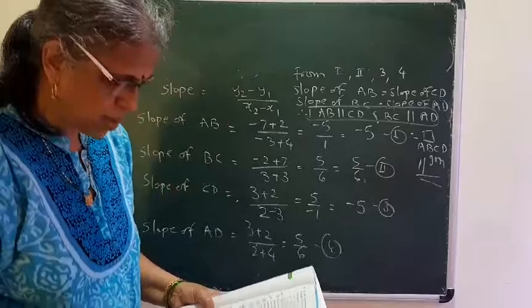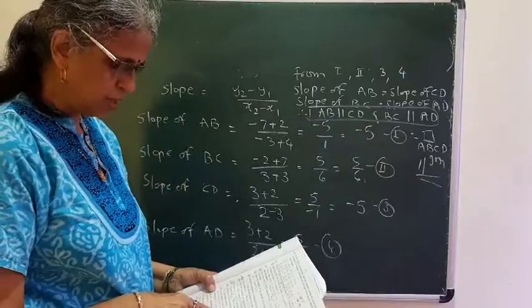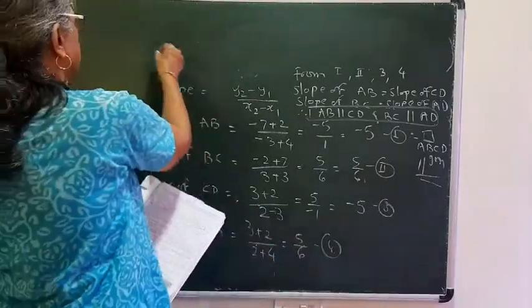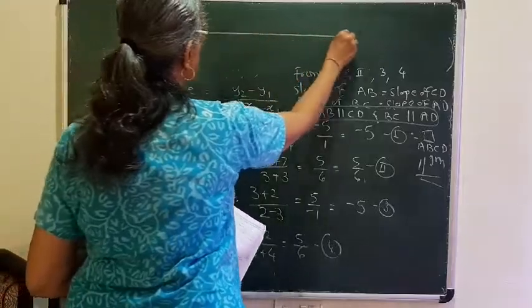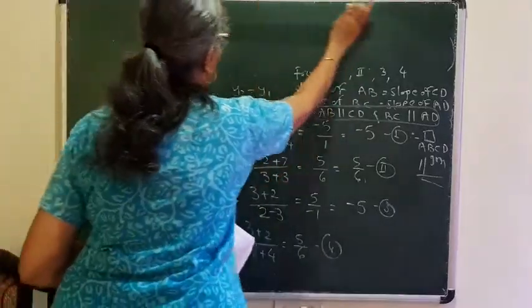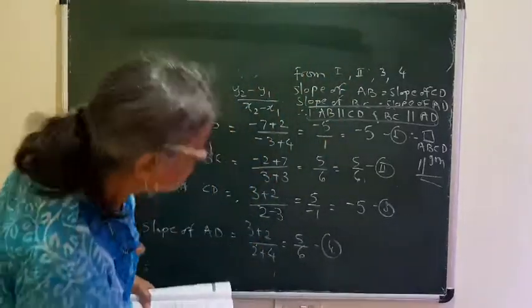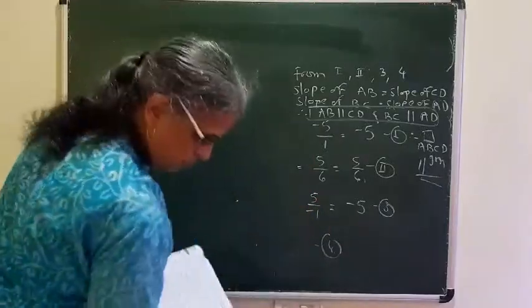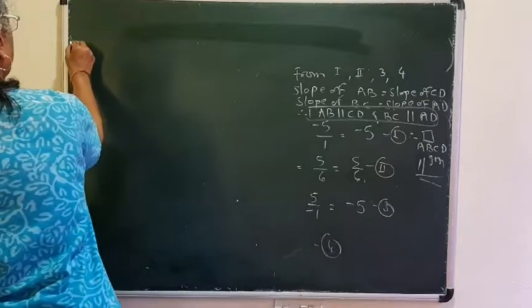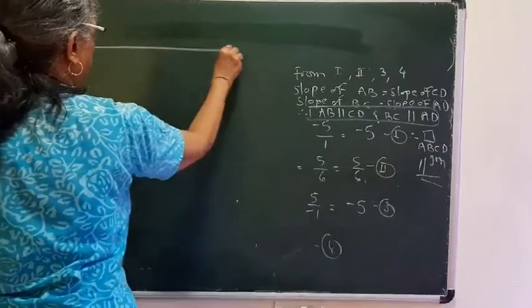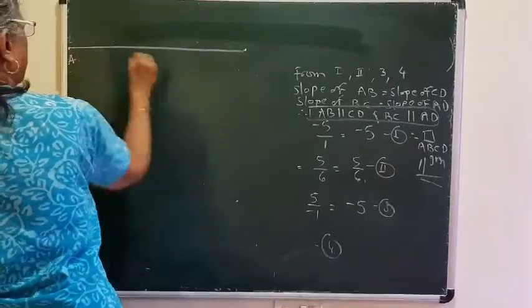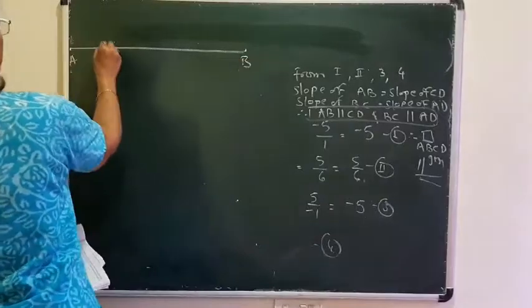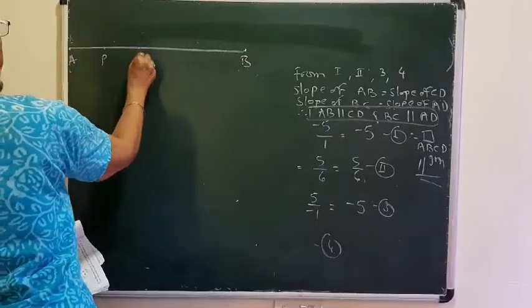Sum number 19. The line segment AB is divided into 5 congruent parts. So I will draw a line segment AB. It is divided into 5 equal parts by points.